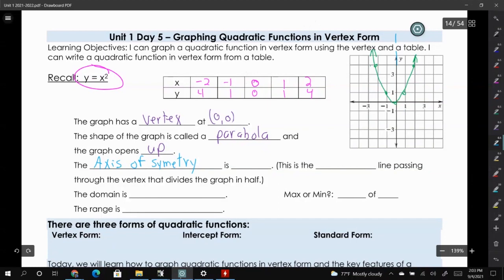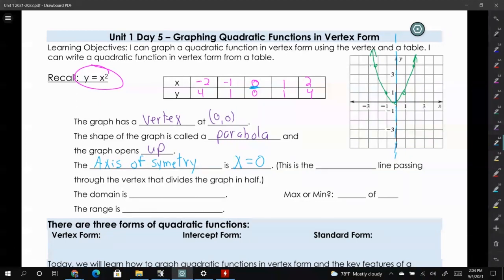So our axis of symmetry here would be this dotted line, because I could fold my graph over that line and the parabola would land on top of itself. Well, you might realize that that is the x-coordinate of our vertex. So x equals 0 in this case, because our vertex is at (0, 0).